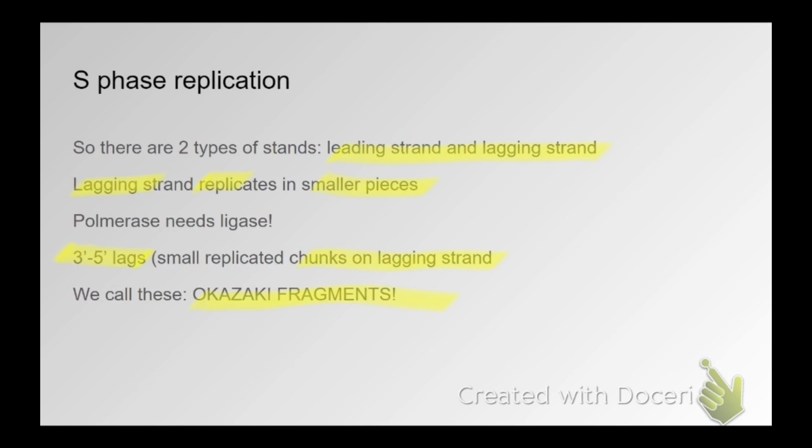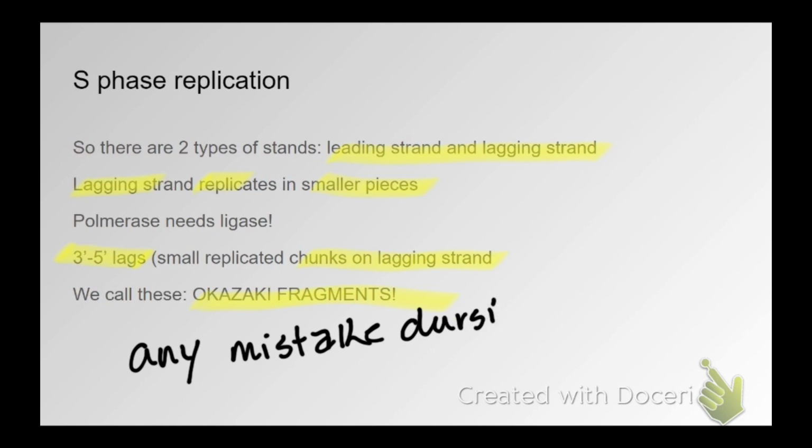All right, I'm about to move on. No? Do I need to wait? For those of you who are done, I can just go ahead and put here what you need to know. Any mistakes during S phase can equal what we call a mutation.